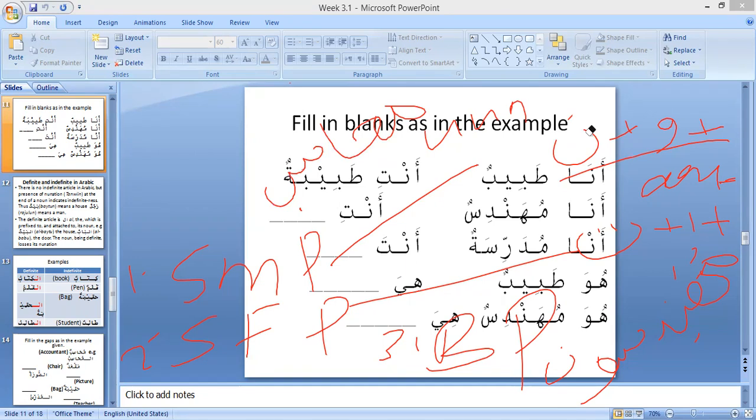Muhasiban, that's right. So the dual of muhasib is muhasiban, then the plural is muhasibun. Those are male accountants, many, three and more. So muhasib, muhasiban, muhasibun. Muhandis, muhandisan, muhandisun.